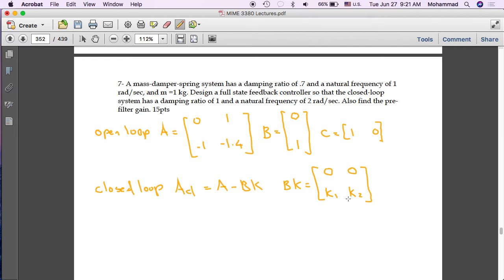So that's it. So this is A closed loop, A minus BK. The first step that I took was to calculate B times K. B is 0, 1, K is K1, K2. So B times K becomes this matrix.